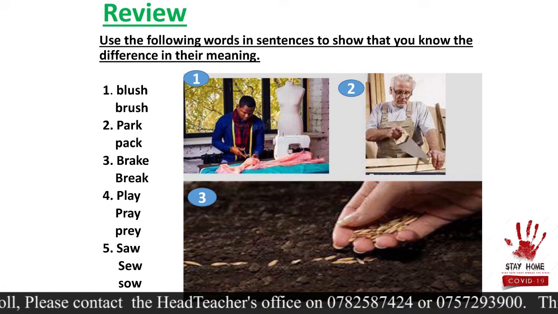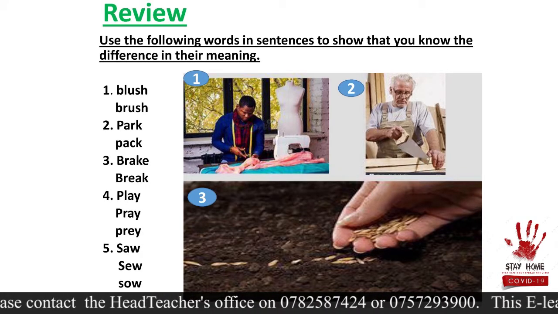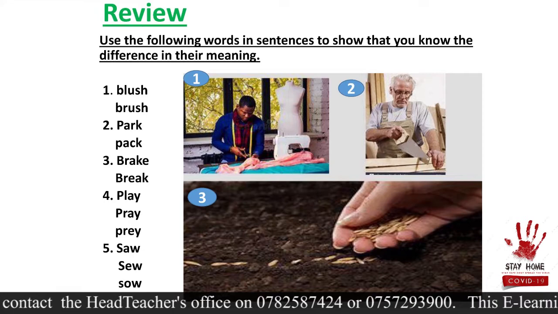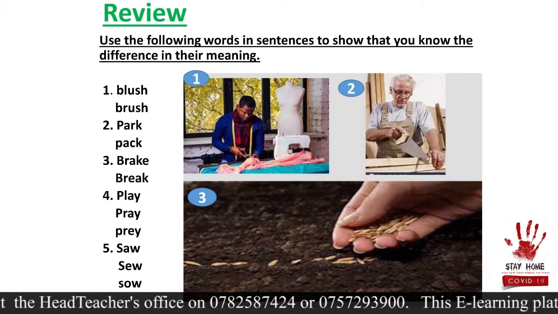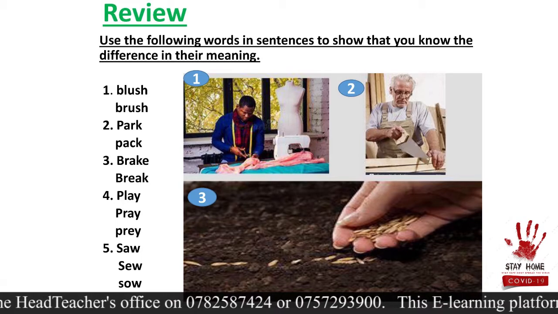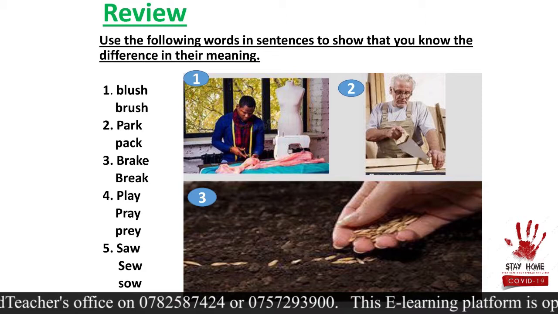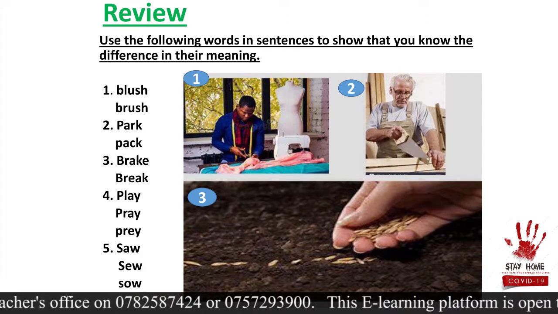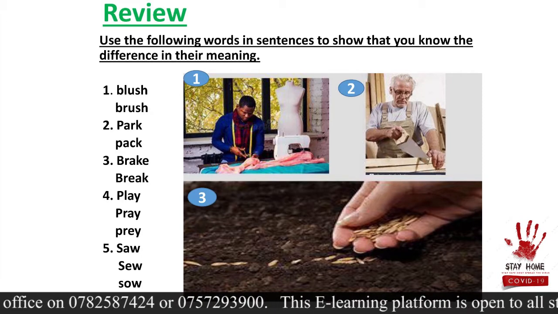Then the second sew is when you use a thread and a needle. For example, the man is using a sewing machine to sew a piece of cloth. Then this sow is when you plant grains or cereals. For example, you can say the woman is sowing rice.